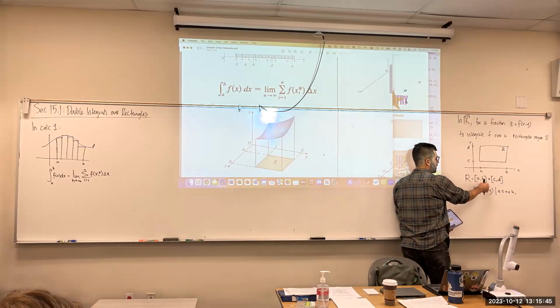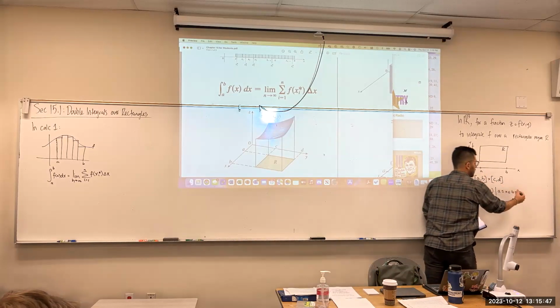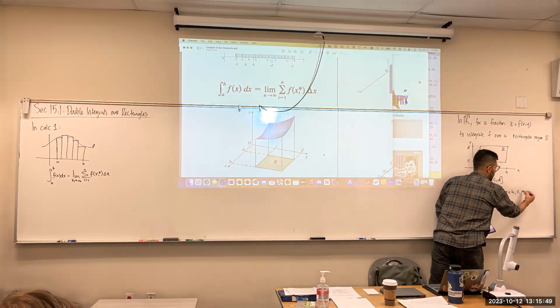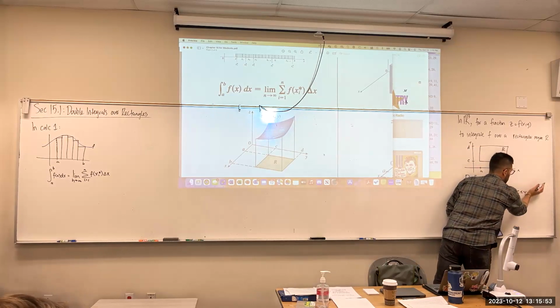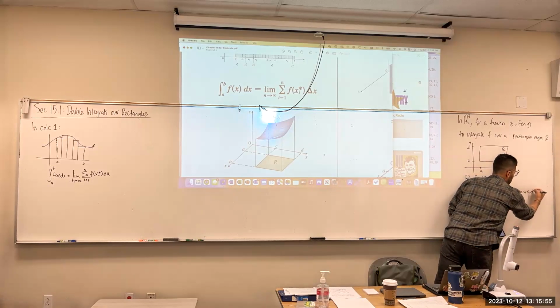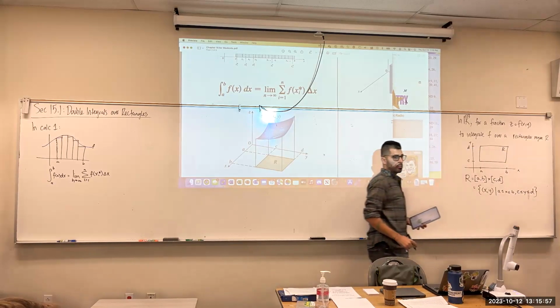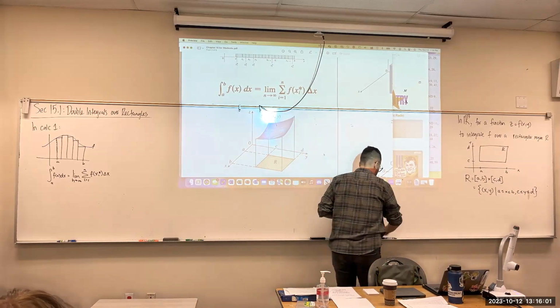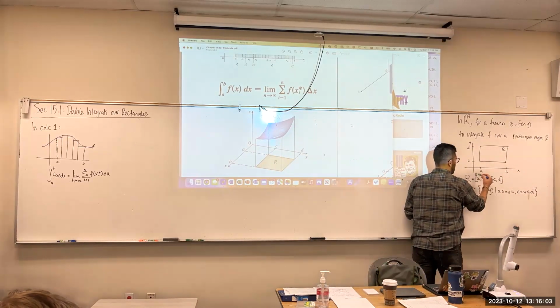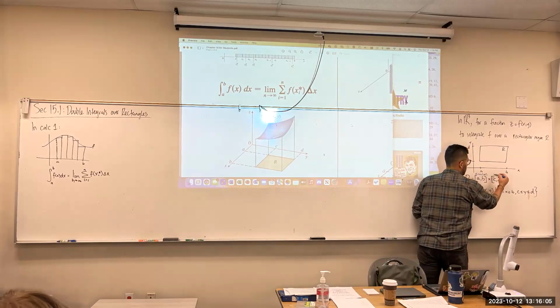The first coordinate is within A and B, and the second coordinate is restricted to the other closed interval. That's how you're going to want to read that, okay? Basically, just think of this as saying the X values, and this is saying the Y values.